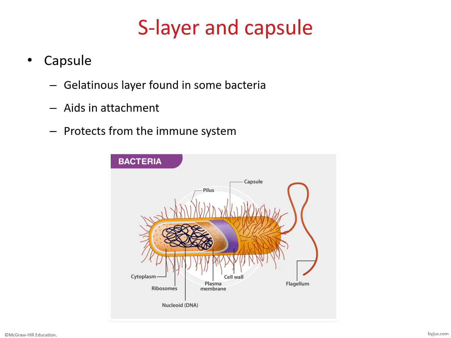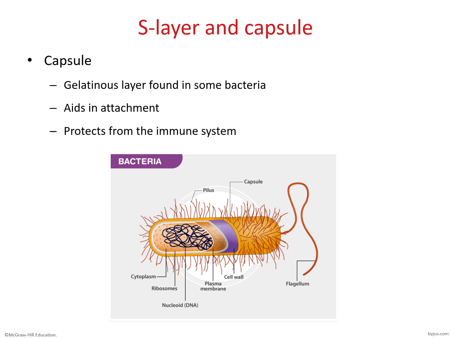Now that we're done talking about the bacterial cell walls, let's move on to other different structures found in bacteria. Some bacteria can have an additional layer on top of the cell wall, which is gelatinous, and this layer is called the capsule. This capsule surrounds the cell wall and enables prokaryotic cells to adhere to surfaces.